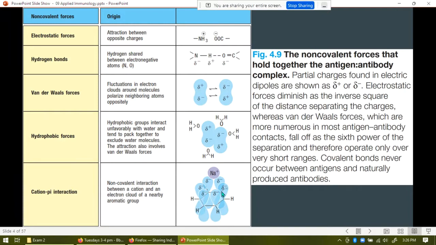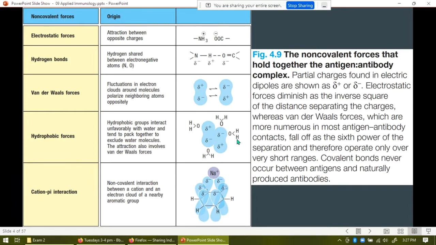Whenever you have an aromatic ring, like a benzene ring, you get electrons moving very rapidly around in a circle through that ring, and it creates a swell of negative charge surrounding the ring, going up and down from the plane of the ring, whereas in the plane of the ring there's a positive charge. And positively or partially positively charged atoms on neighboring molecules can bind to that by electrostatic interaction.